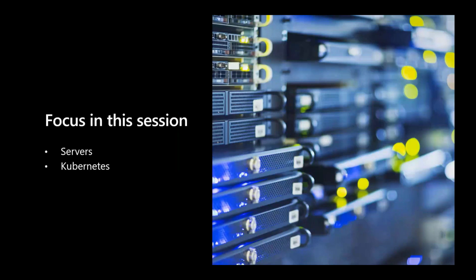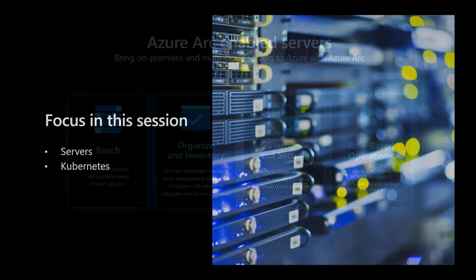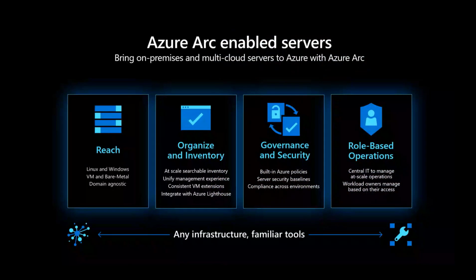Now, in this session again, we're focusing on servers and Kubernetes, and let's start with the server part. If you look at the slide over here, first of all you have to reach as much as possible all kinds of servers you have in your estate.